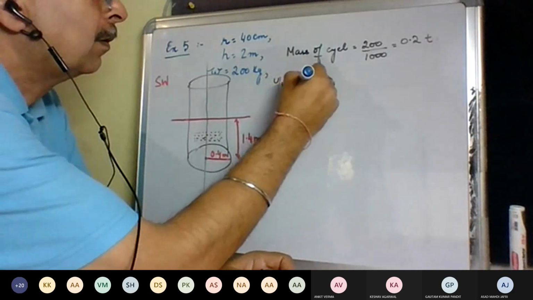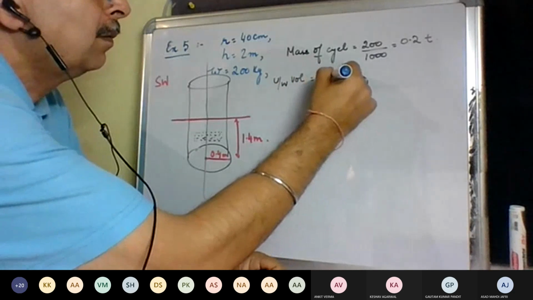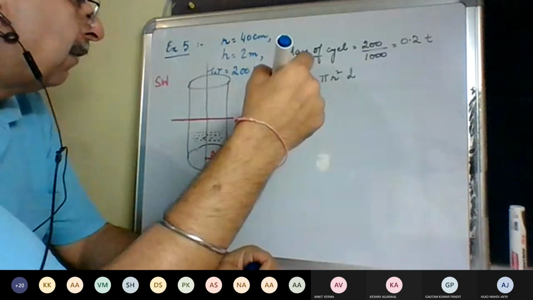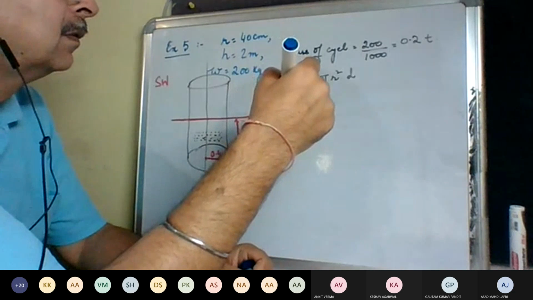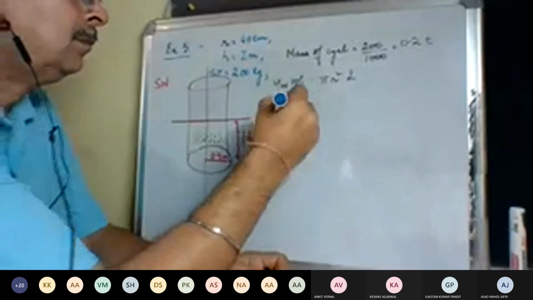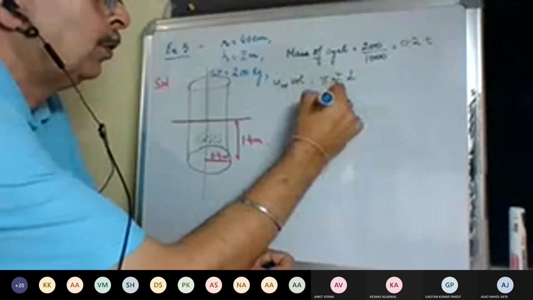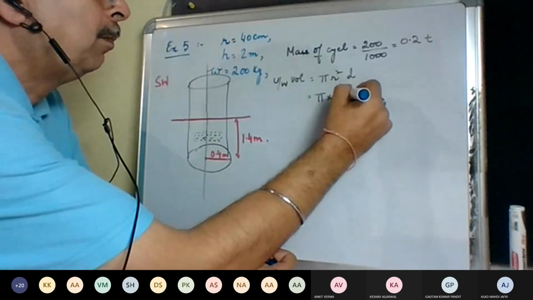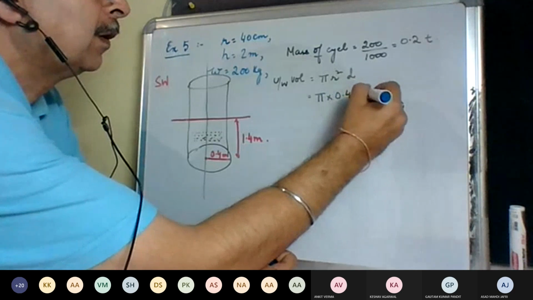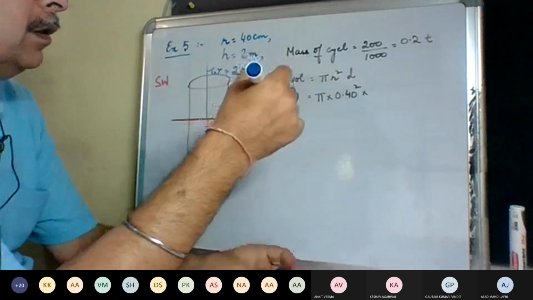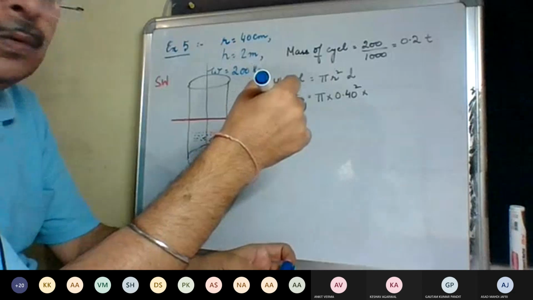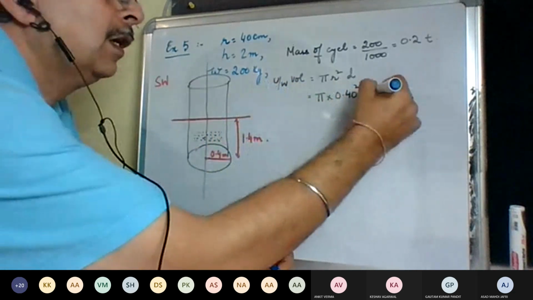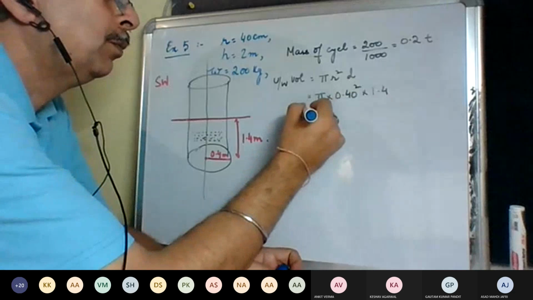Underwater volume is pi r square d, where d is the draft. So pi into 0.4 square into 1.4 is the underwater volume.